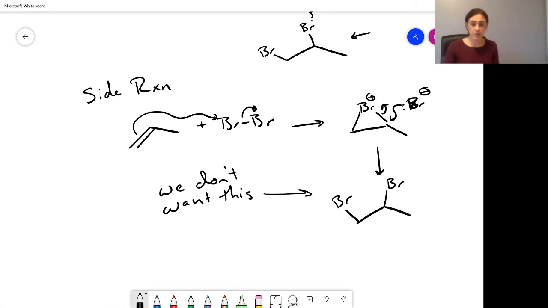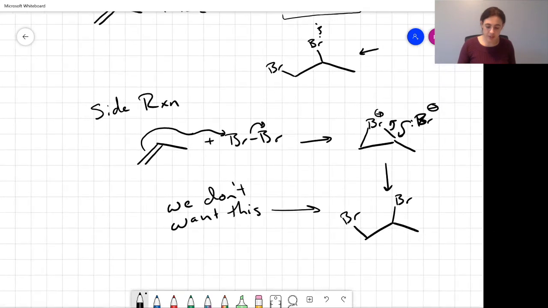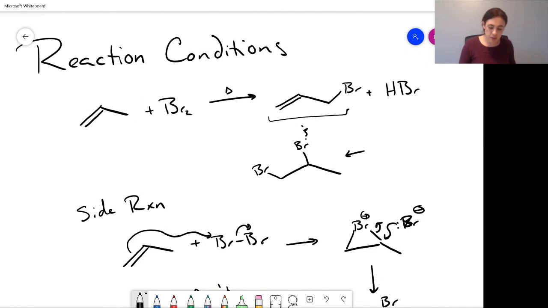So how do we prevent this from actually occurring? Well, in order to do that, we have to consider the reaction conditions. Remember, here we've used bromine with either heat or light to initiate our radical process and to halogenate. And as a result, the same reaction conditions allow it to add across a double bond.